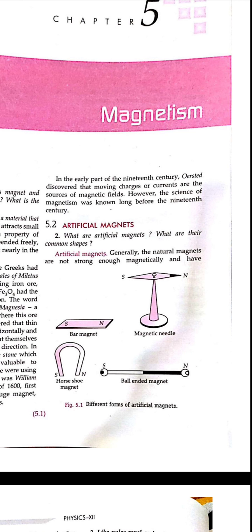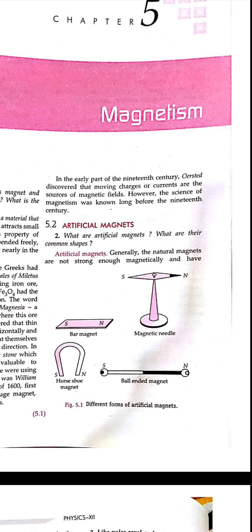But some instruments and materials can be made to acquire the properties of a magnet, and this is said to be the artificial magnet. Such magnets are made by giving the property of a magnet to pieces of iron and other magnetic materials.